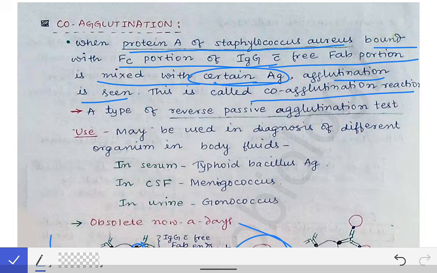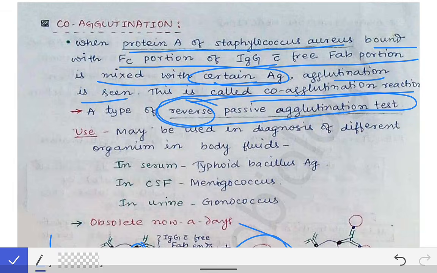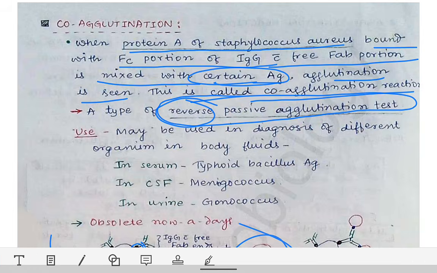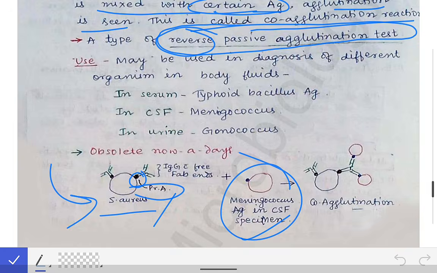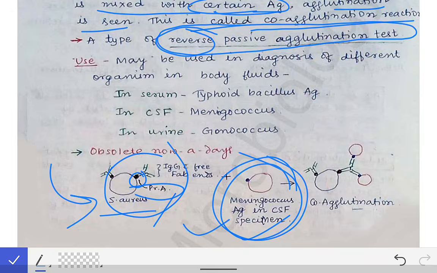In some books it is also referred to as the reverse passive agglutination test. Why is it called reverse? Generally in agglutination reactions we detect the antibodies, but here the antigen is being detected using the antibodies bound to the protein A of the Staph aureus, in the CSF, serum or urine.